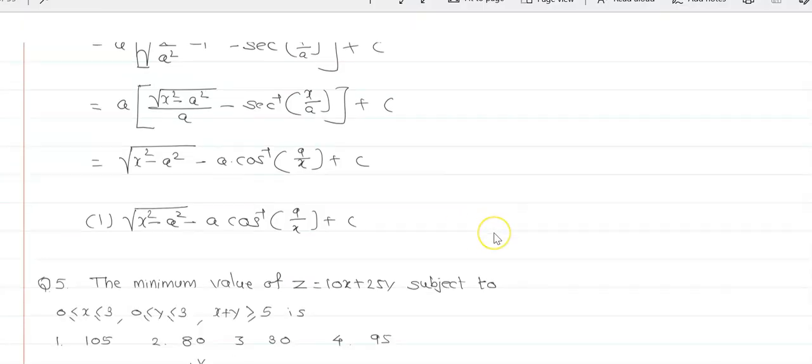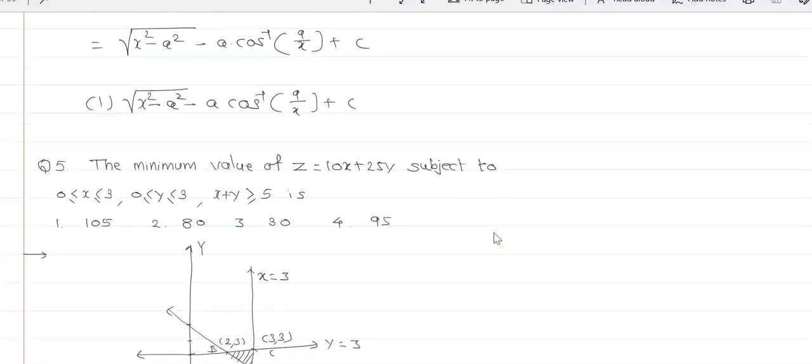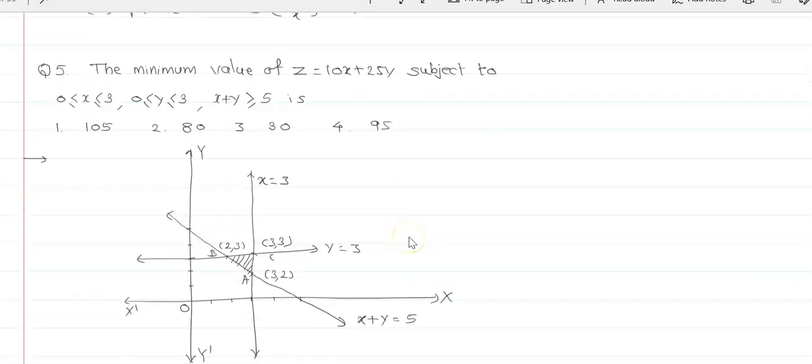We'll see the answer here also. The minimum value of z is 10x plus 25y subject to x lies between 0 to 3 and y is 0 to 3, x plus y is greater than or equal to 5, is 105, 80, 30, 95.